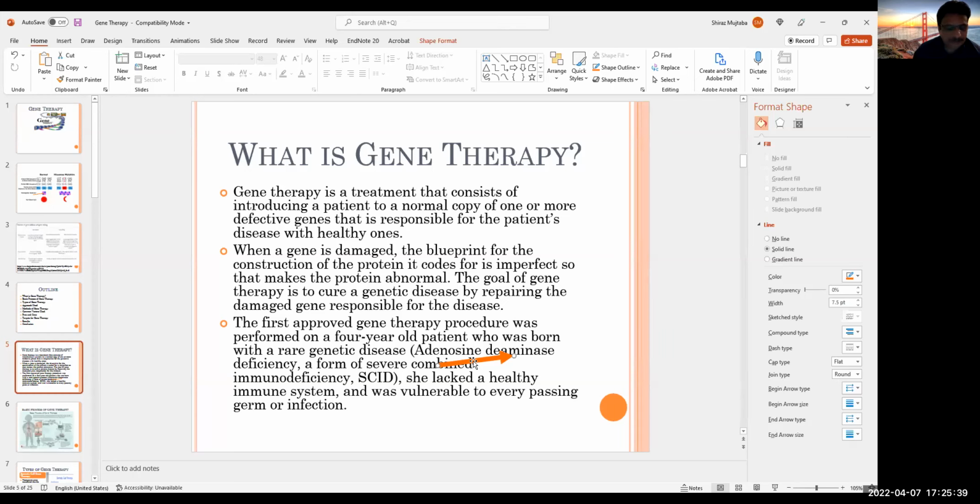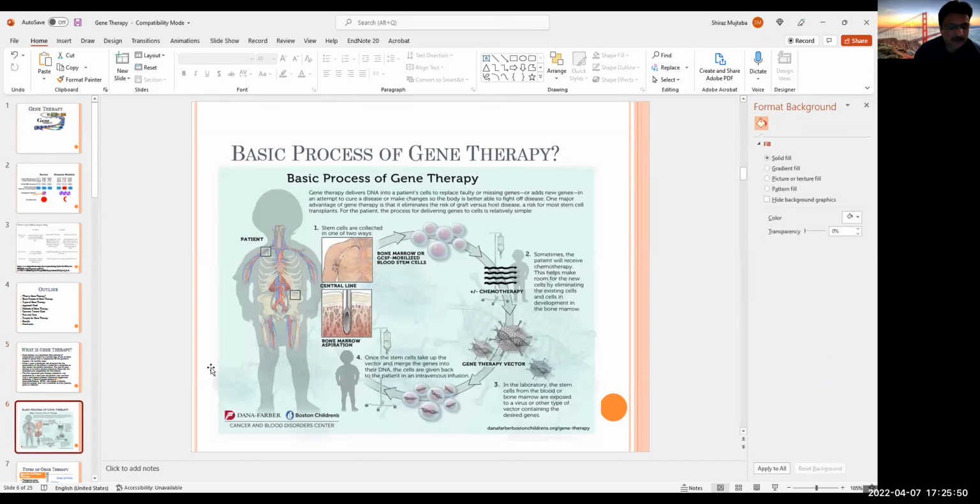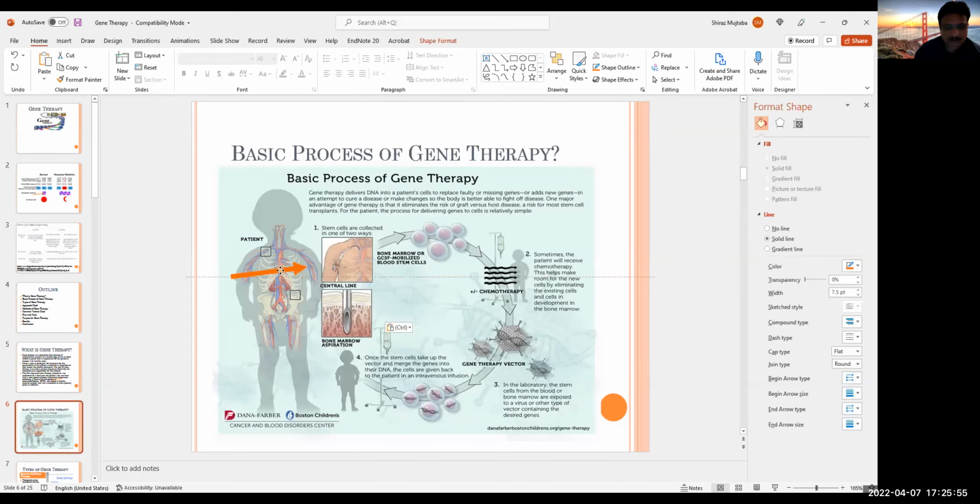So this was the first gene therapy institution. And I already sort of indicated to you that one way is to collect the bone marrow cells. From bone marrow cells, purify the stem cells. How will you purify the stem cells? Stem cells will have a CD marker, maybe CD34. And nowadays, because of new technology, there will be more markers.